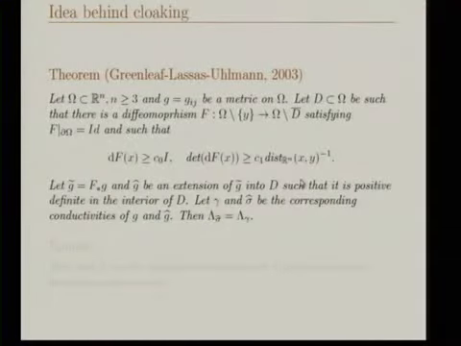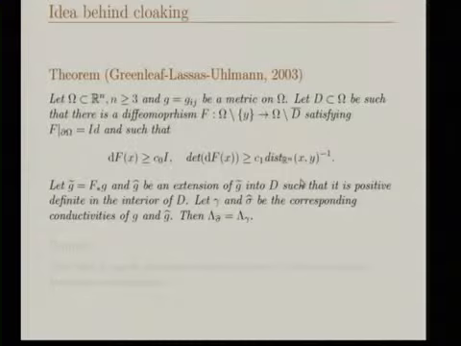Okay, so this is the theorem of Greenleaf, Lassas, and Uhlmann, and this came in 2003. It looks like there are two different sets of people, but it is true that they came up with this idea.